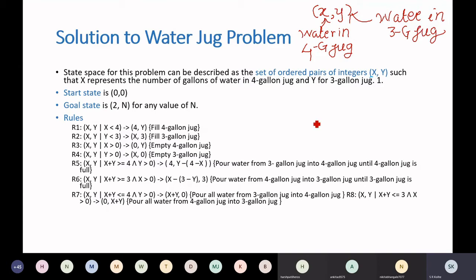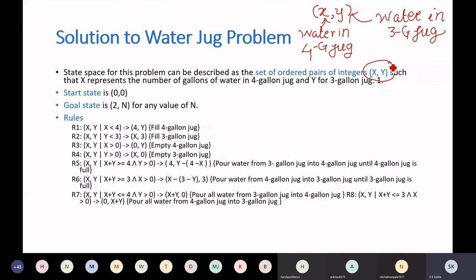So ordered pair means order is important. First parameter will represent water in 4-gallon jug and second parameter will represent water in 3-gallon jug. So this is the state that you have defined now for representing this water jug problem in computer representable form.